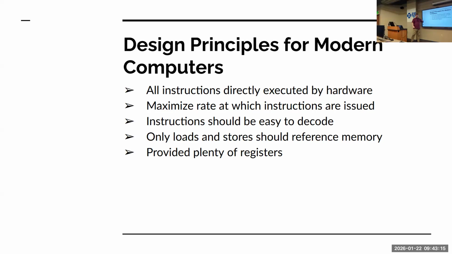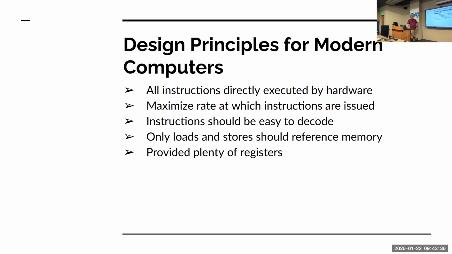And as I mentioned before, the loads and the stores are the only time we should actually access memory. We don't want access to memory when we're executing a different type of instruction, only specific instructions that load and store. Now we're going to break that rule for our computer because we want to keep it simple.